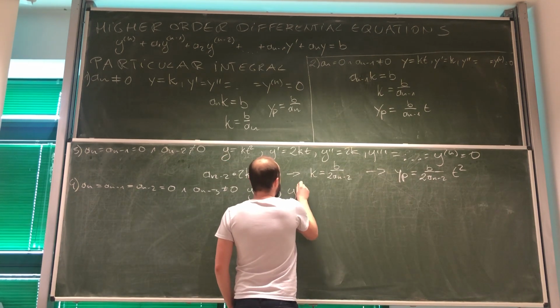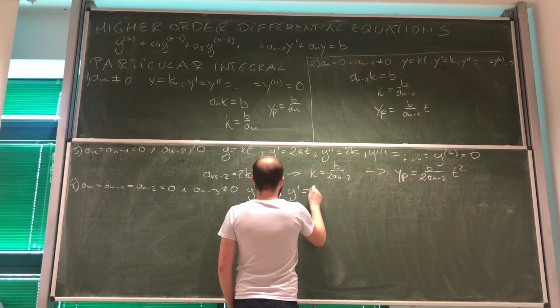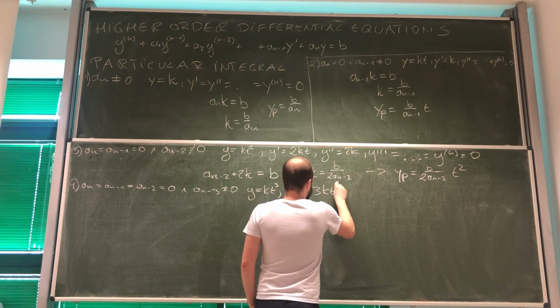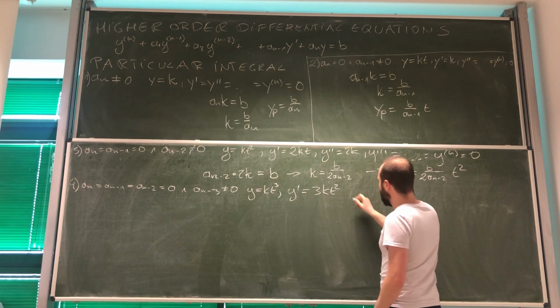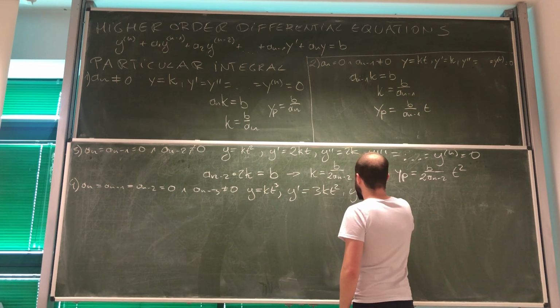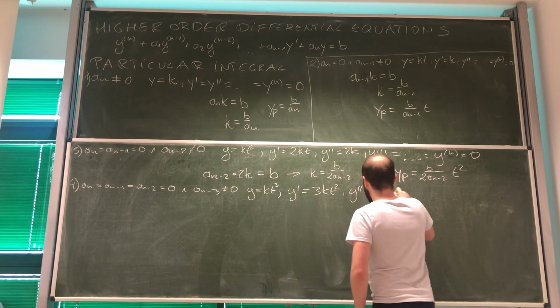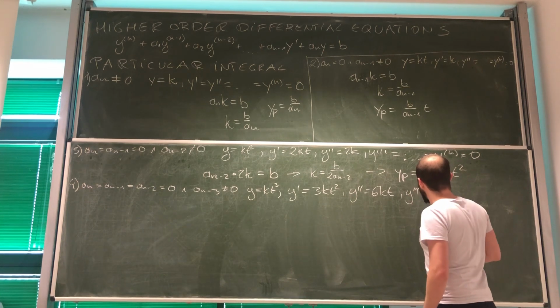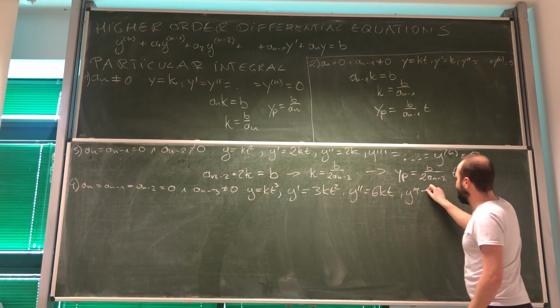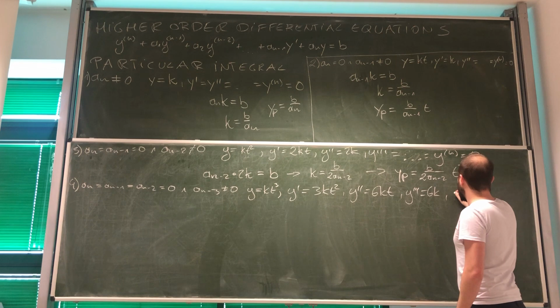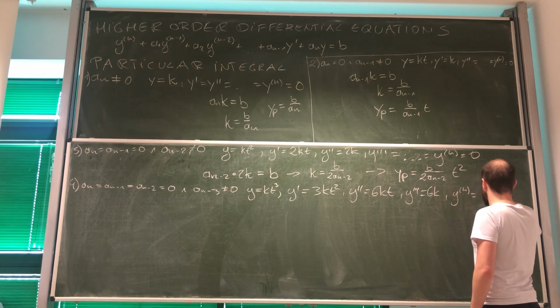In this case, y prime is 3kt squared, y double prime is 6kt, and the third derivative is 6k, while every next derivative is equal to 0.